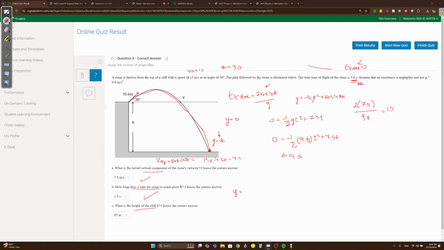What's the formula for y when you have time, g, or v naught sine theta? It's minus half gt squared plus v naught sine theta t.